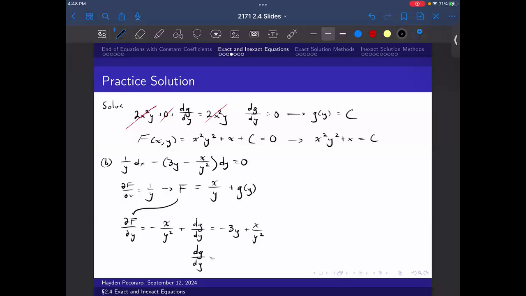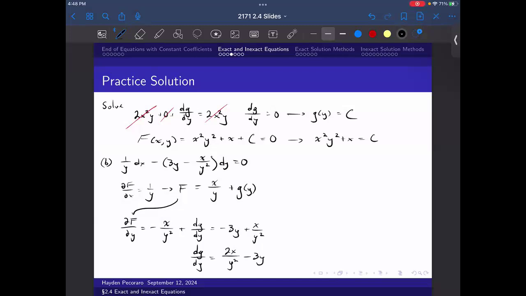I get an equation that looks like 2x over y squared minus 3y. What is the problem with the right side there? Maybe give me a guess. What do you think might be the problem with the right side?